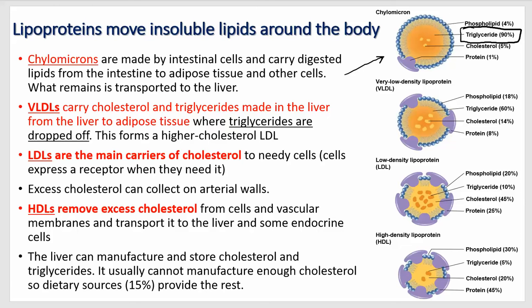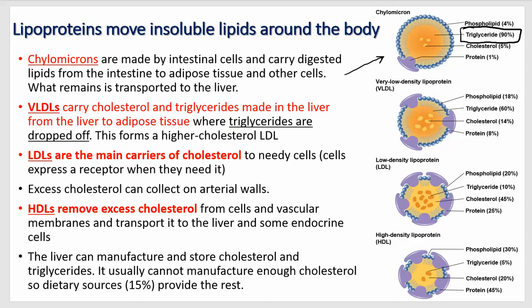So the more proportion of protein, or the less fat and cholesterol that are in those, then the more dense they are. Okay, so the fat is less dense, so more fat means lower density, less fat, higher protein component means higher density.